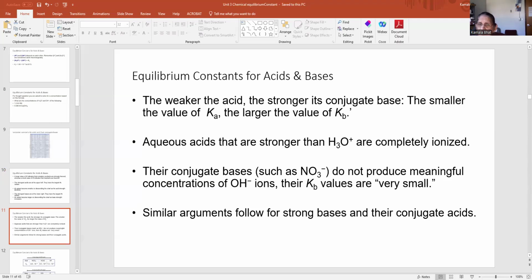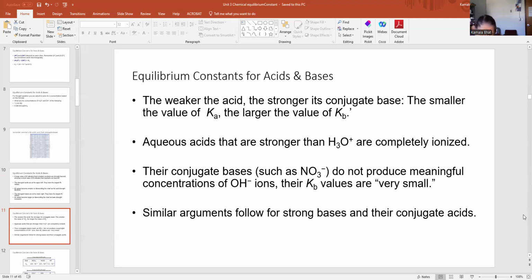Aqueous acids that are stronger than H3O plus are completely ionized, even under moderate concentrations. Their conjugate bases, for example, HNO3, the acid, is very strong. The conjugate base is NO3 minus, which does not produce any meaningful amount of OH minus ions, and therefore the Kb values are very small.